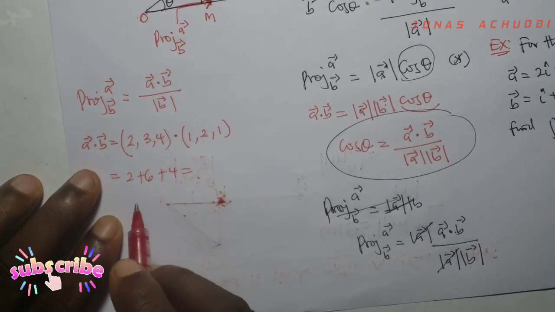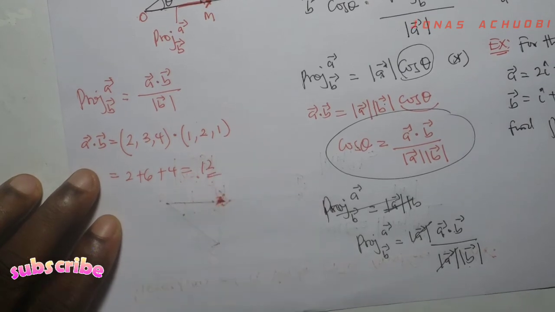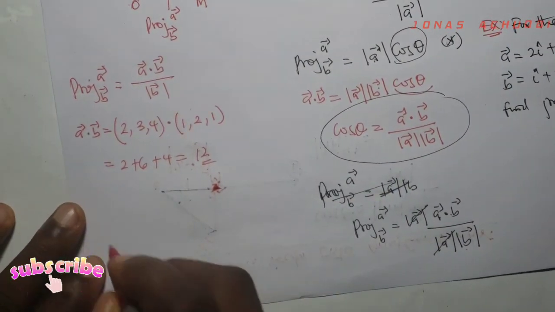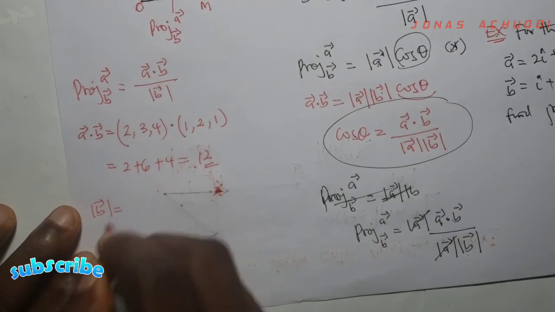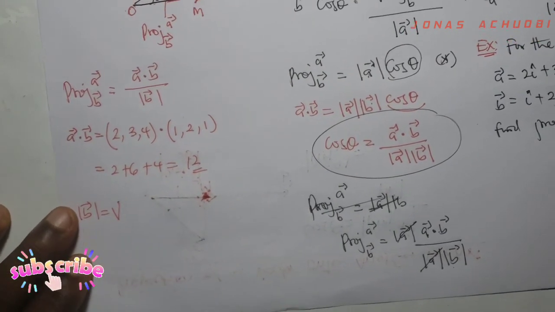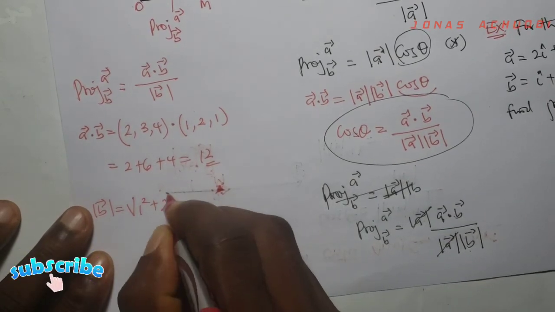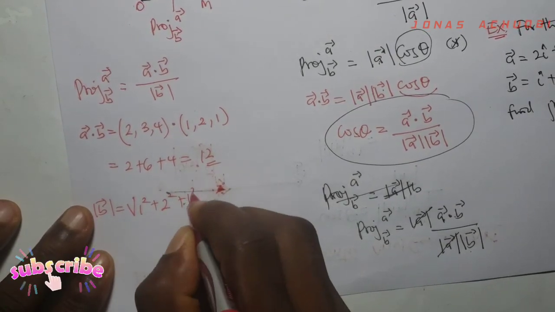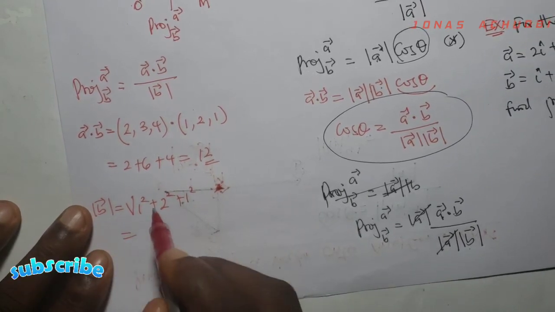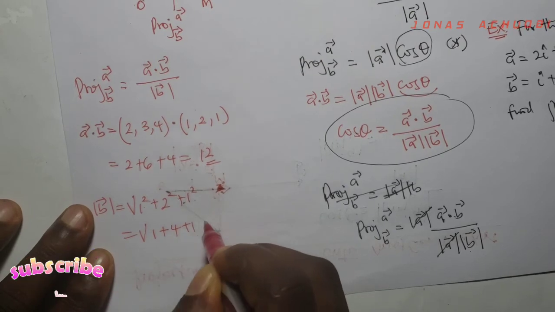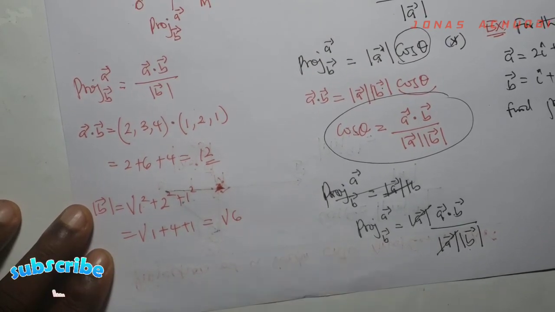So 2 plus 6 plus 4 is 12. That's the dot product of A and B. What is left is the length of vector B. The length of vector B is the square root of 1 squared plus 2 squared plus 1 squared, which is the square root of 1 plus 4 plus 1, the square root of 6.